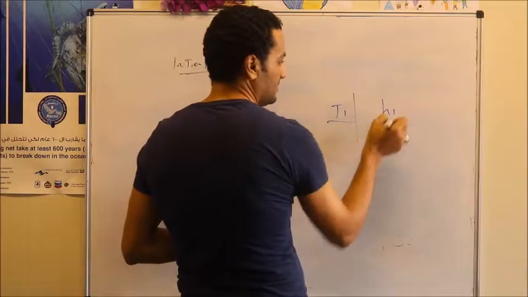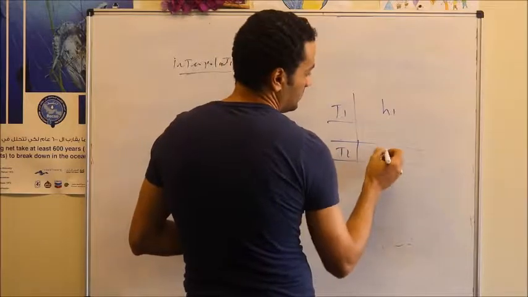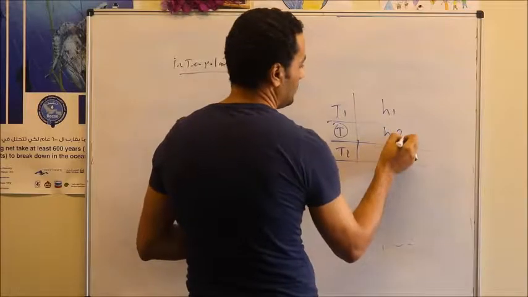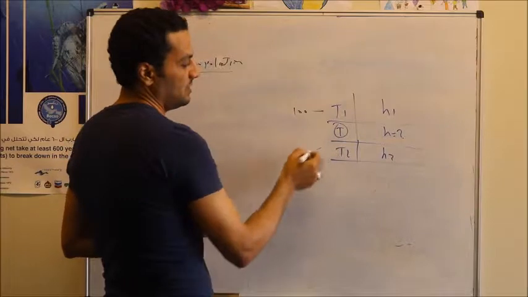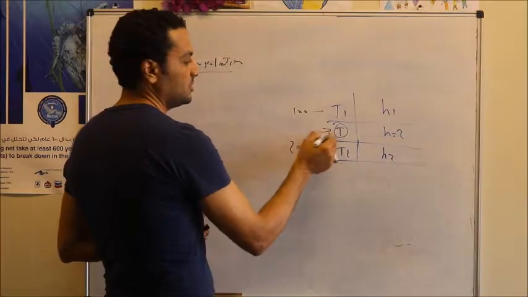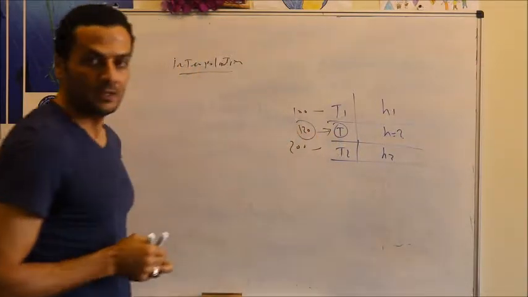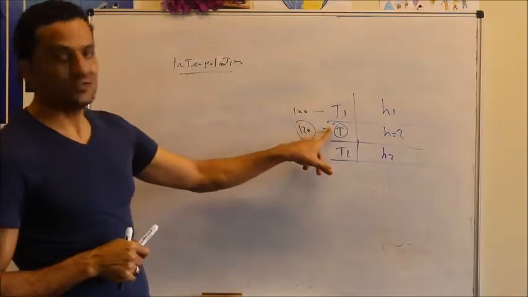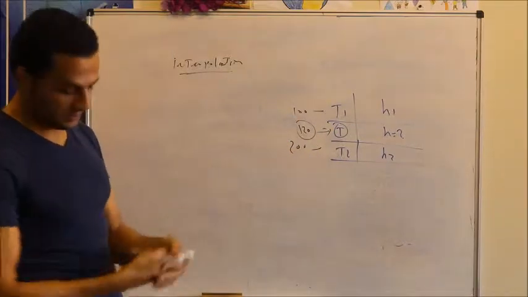At a temperature T1, I find the enthalpy H1, and at a temperature T2, the enthalpy H2. But I need the value at a temperature in between. Let's say the first temperature in the table is 100, the second value is 200, and I need to calculate the enthalpy at 150 or 120 or something. But this temperature is not in the table. We just have 100 and 200. So in this case we have to make an interpolation.